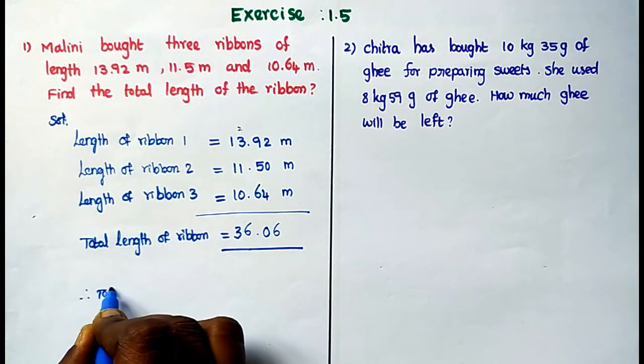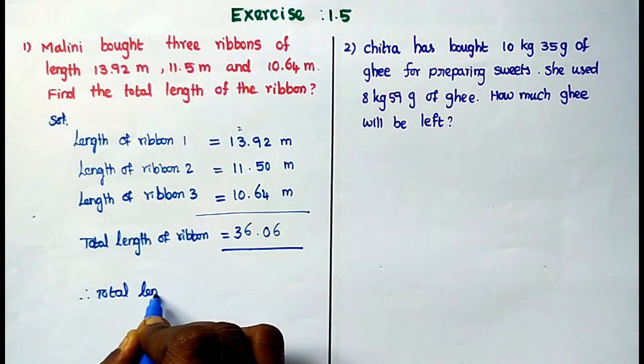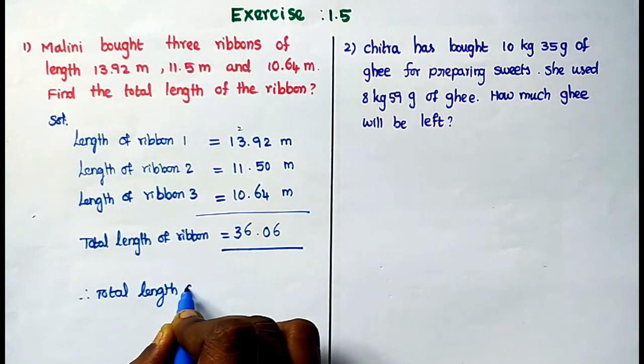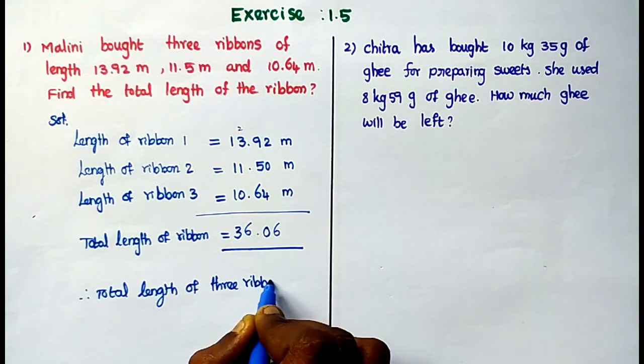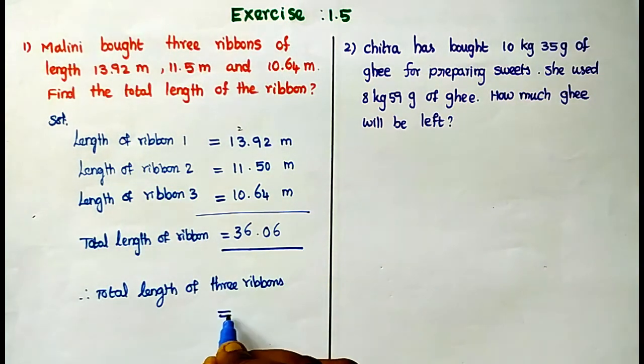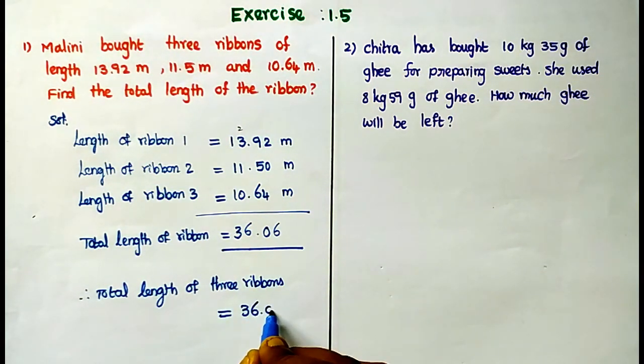Therefore, total length of 3 ribbons is equal to 36.06 meter. That is the answer.